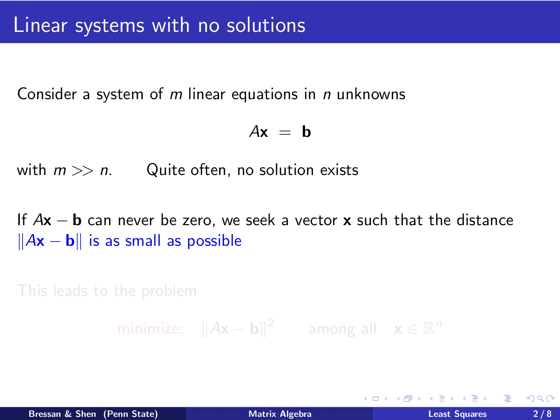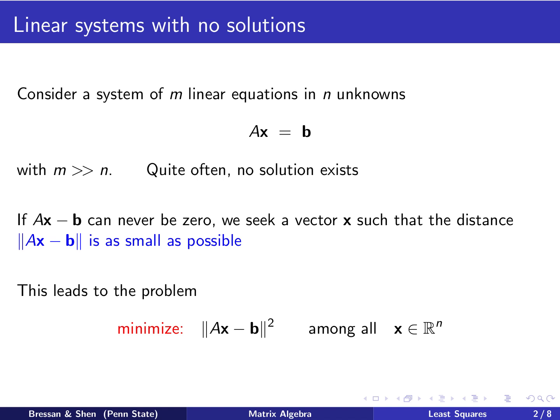Instead of solving this equation, we try to find a vector x such that this quantity is as small as possible. Here the quantity Ax minus b is often called the residual, and you want to find an x such that the residual, measured in a certain norm, is as small as possible.